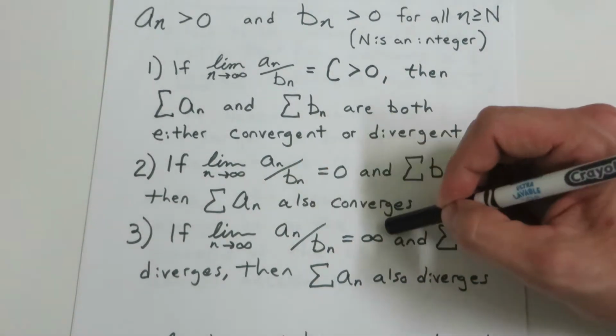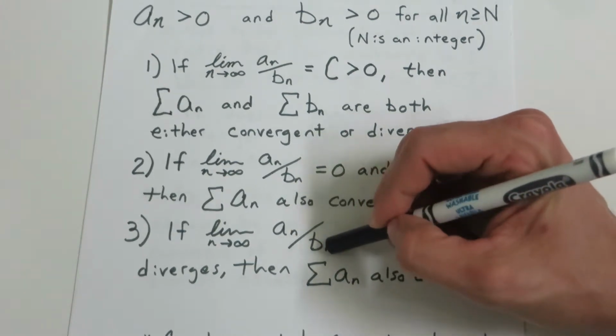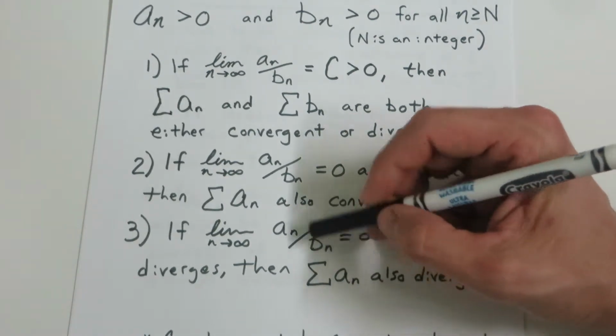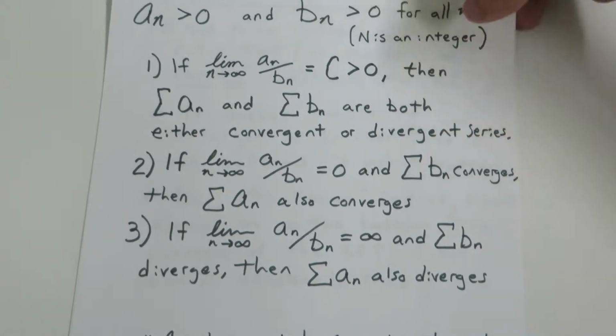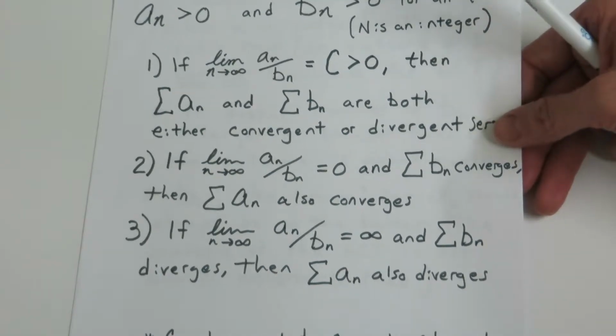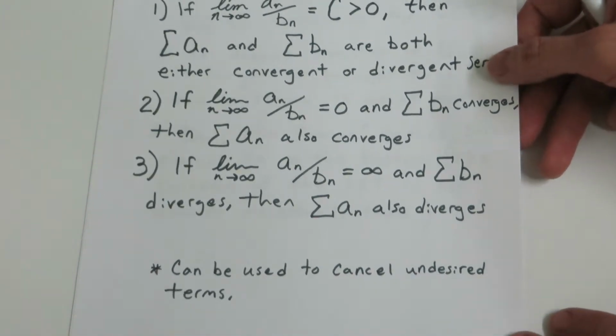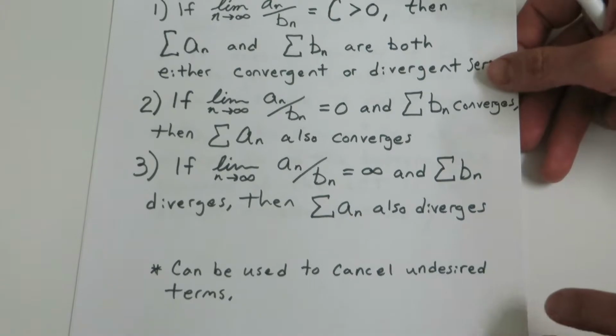So if the limit goes to infinity and the one on the bottom diverges, then we know that the one on the top also diverges. That's the third possibility.